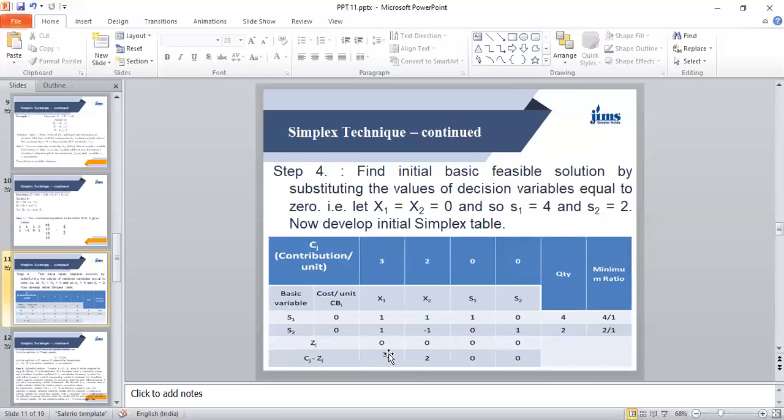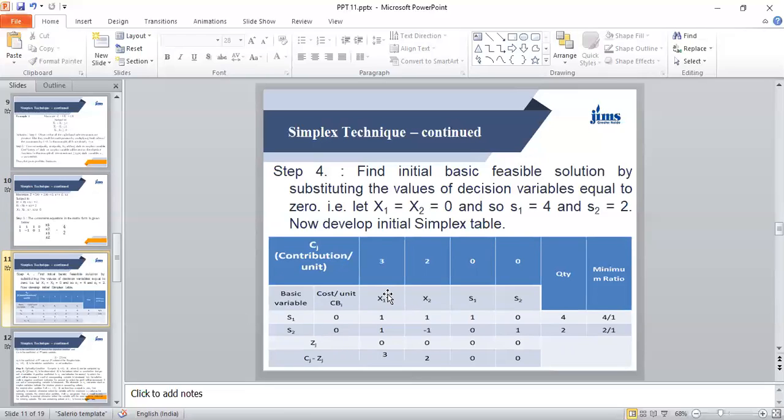Then we write Zj. So Zj is, against each column you multiply with the cost of the respective row and make the summation. So 1 into 0, 0 plus 1 into 0 is equal to 0 here. So Zj is the summation of all elements of that column with the cost per unit.